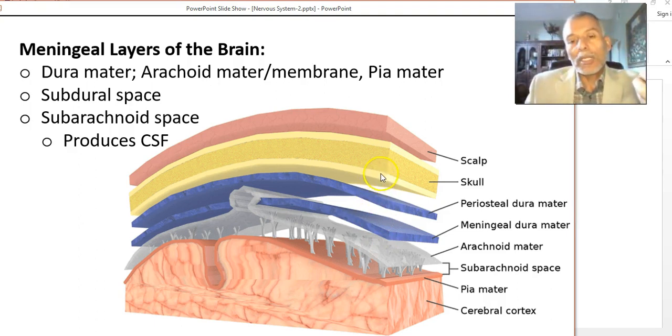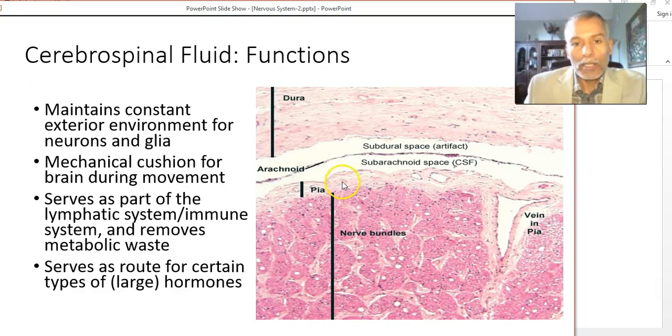It comes in contact with bone on top, but beneath it there's another layer. There's a space beneath the second blue here called the subdural space, right here. So here's the dura mater, and beneath it, there is a subdural space.